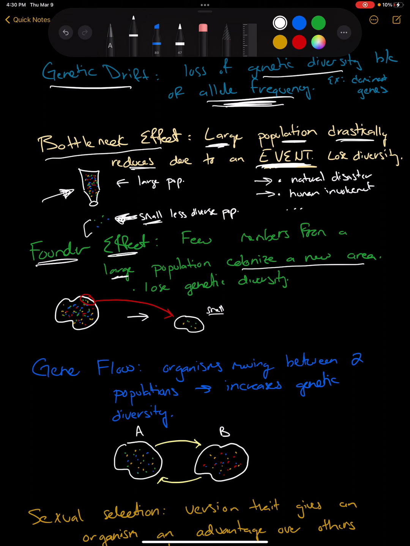So now I only have yellow and green, and I have far fewer organisms than I did in my original population. That's the founder effect. So I'm still going from large to small. I lose genetic variety or genetic diversity, but it's because I'm colonizing a new area. Bottleneck effect is happening in the same area, but there's a loss of population due to an event.